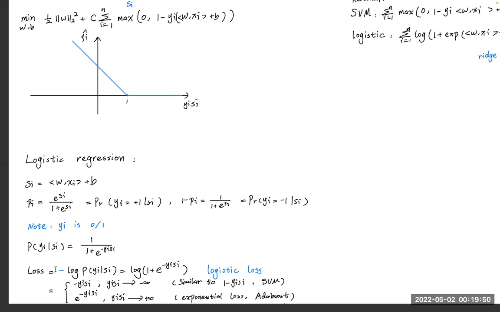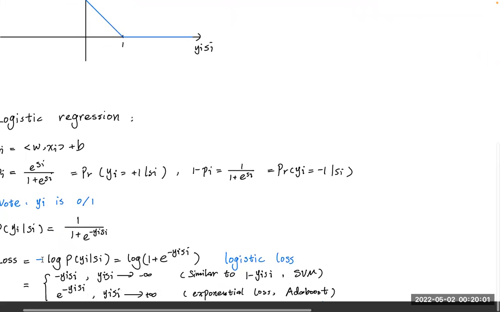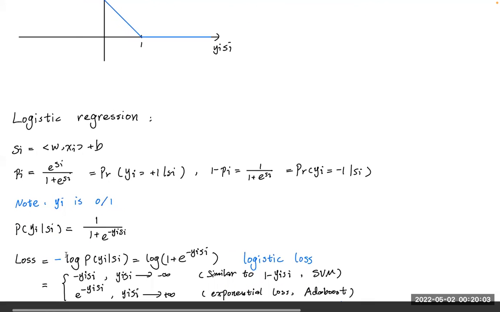And then if we put a negative sign in front, it becomes a loss function that we want to minimize. Okay, and here, if you look at the negative log of this probability, it becomes log for the denominator 1 plus e^{negative y_i s_i}. So interestingly, this is also a function of y_i s_i.